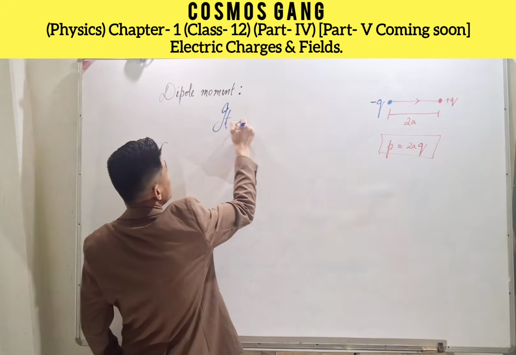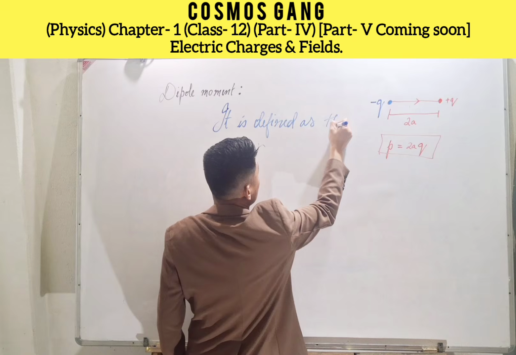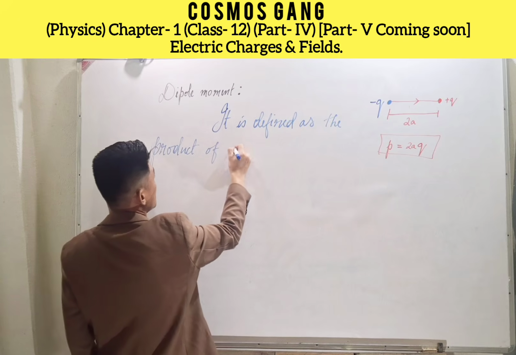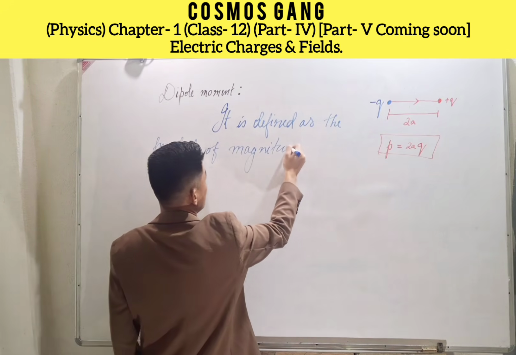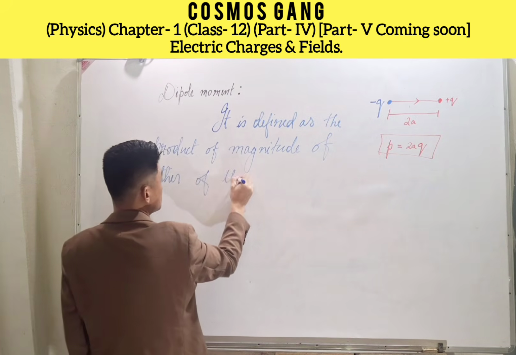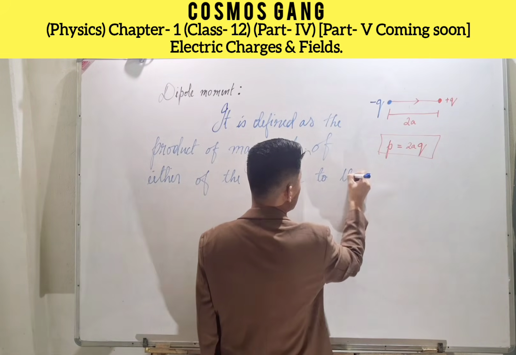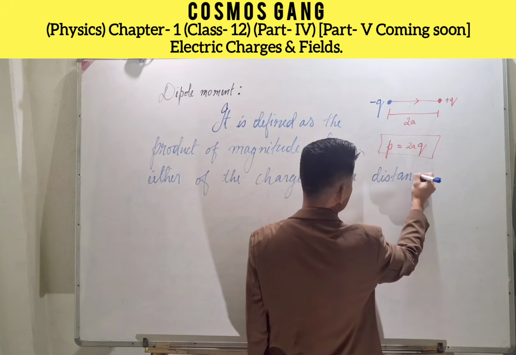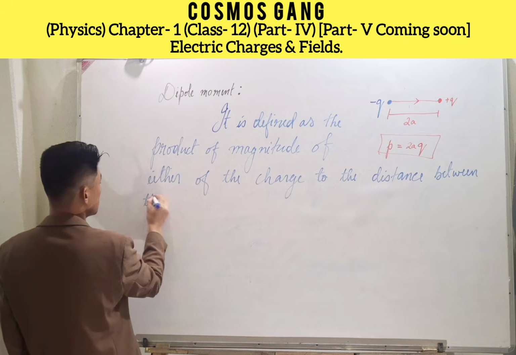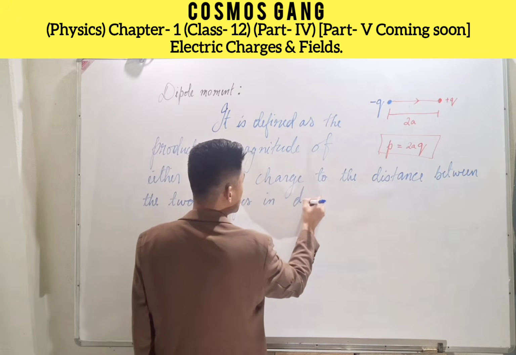So it is defined as the product of the magnitude of either of the charges to the distance between the two charges in a dipole.